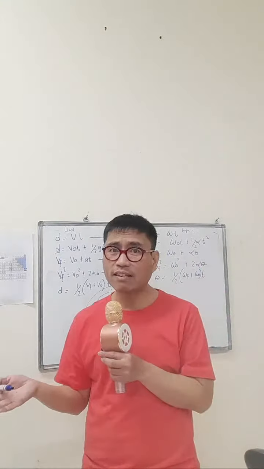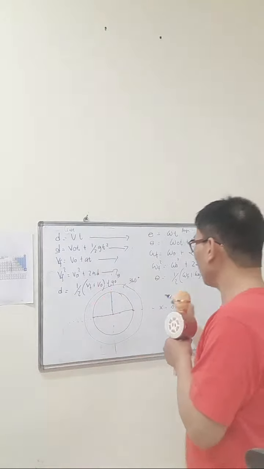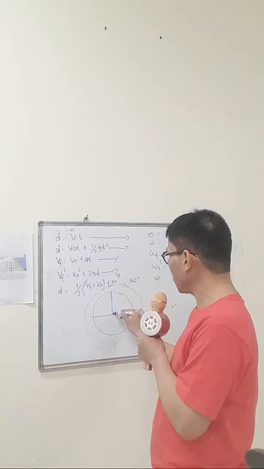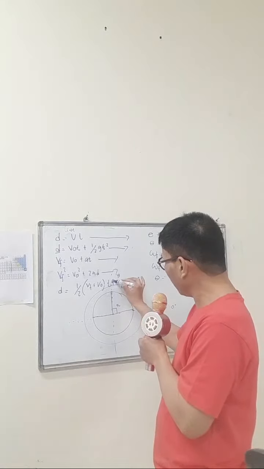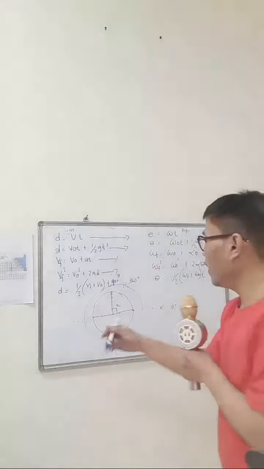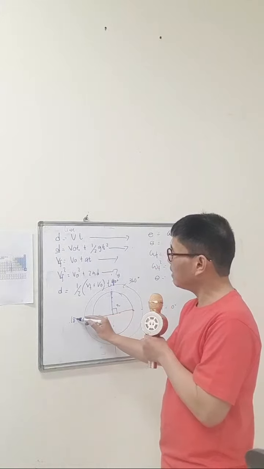Then if you move perpendicular from the horizontal, it creates a right triangle. This here is 90 degrees. Then move. Here, the opposite of 0 degrees will now be 180 degrees.